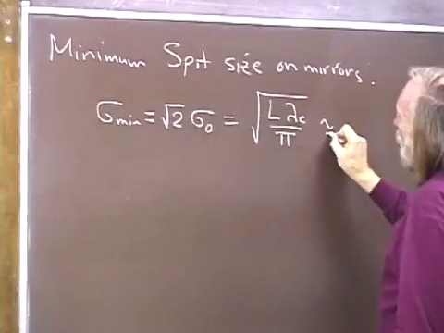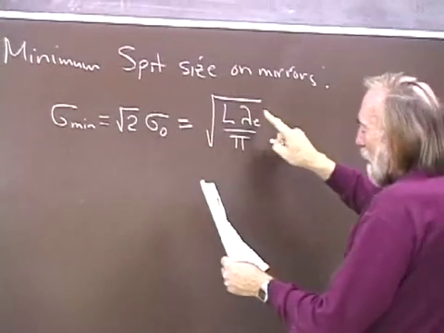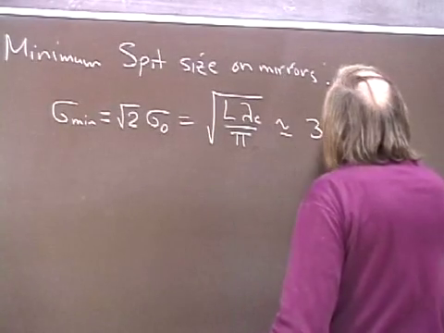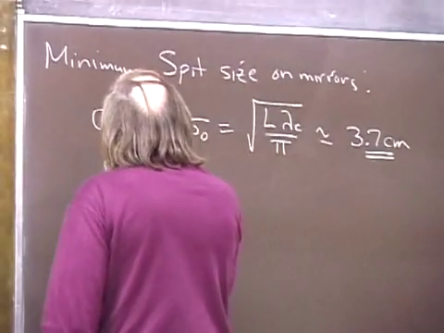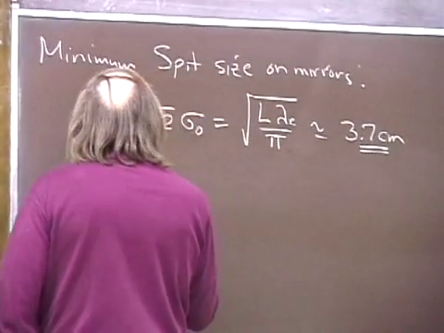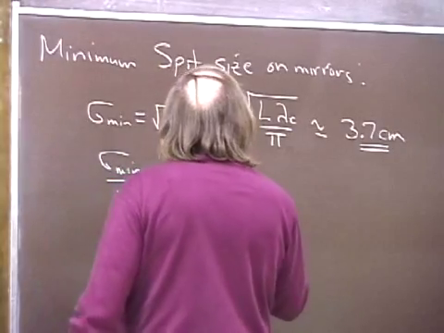And if I put in 4 kilometers for the arm length, 1 micron for lambda e, this works out to be about 3.7 centimeters. So that sigma min divided by the square root of 2 then is about 2.6 centimeters.